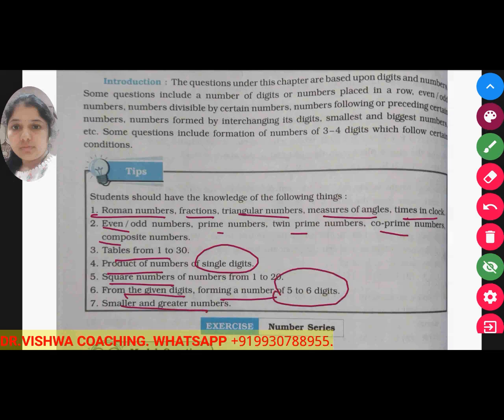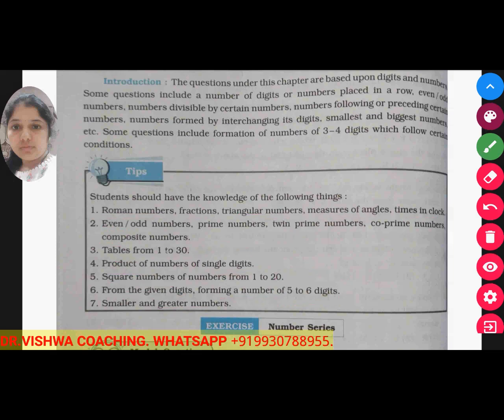So these are all the things you must know before we move to the concept of number series.